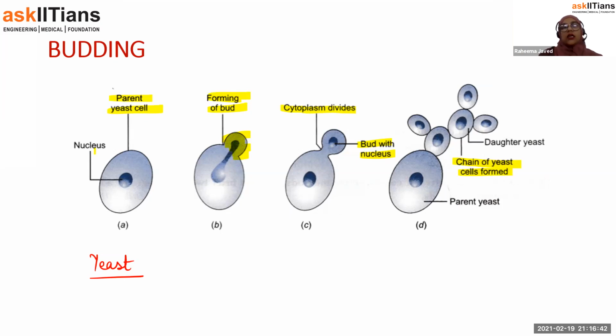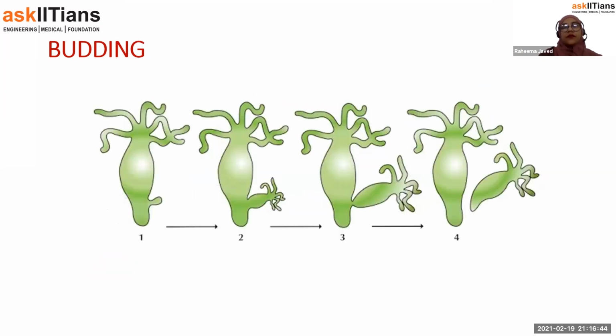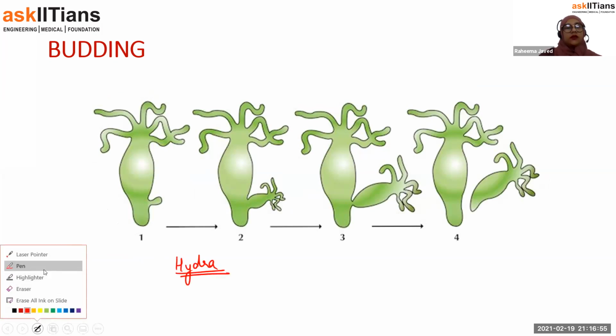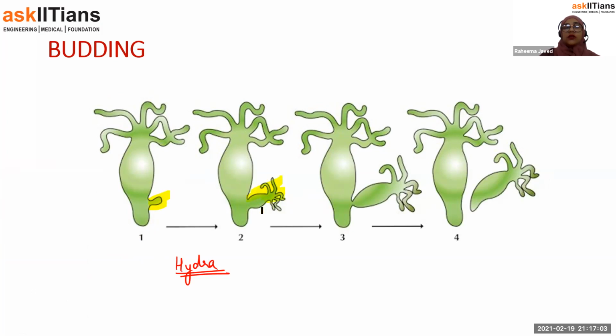Okay, and in the next picture you can see budding is shown in hydra. Okay, in the hydra also you can see a tiny little outgrowth in the form of a bud. This bud also grows just like the parent.